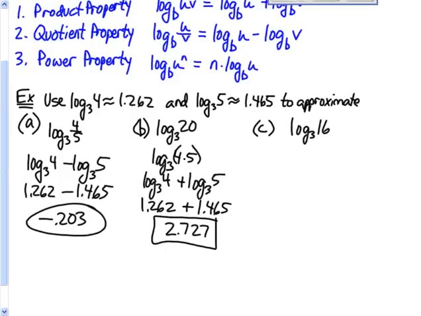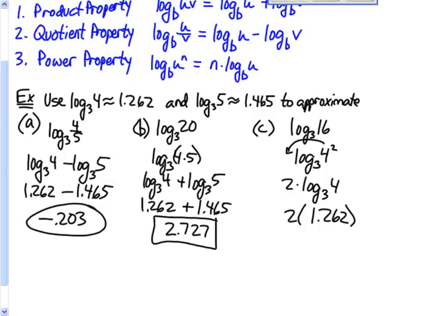Finally, log base 3 of 16. Again, we're not given log base 3 of 16, but I could write that as 4 squared. Now I'm going to use that power property, so I can put the 2 in front. This is the same as 2 times log base 3 of 4, and we know log base 3 of 4 is 1.262.